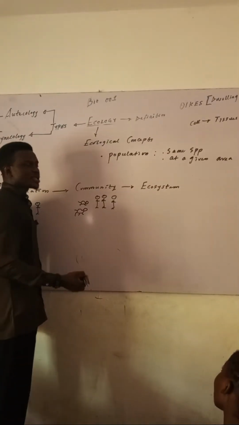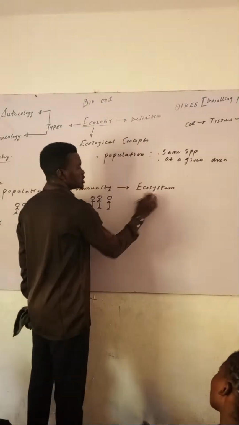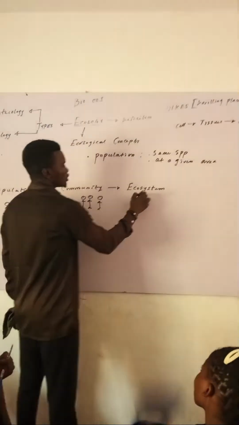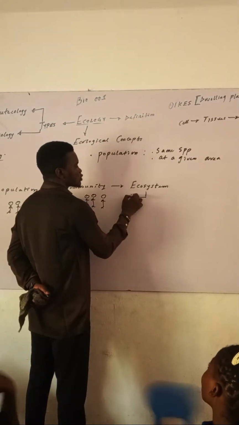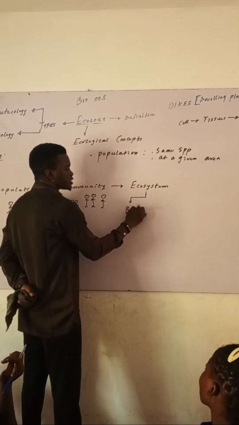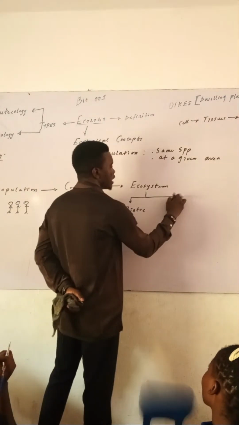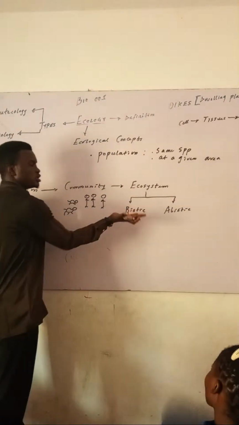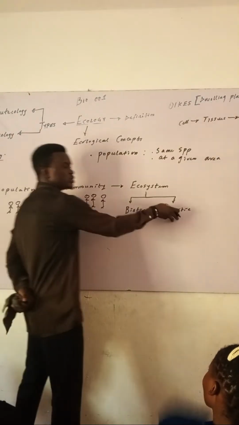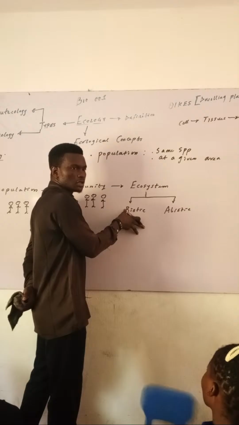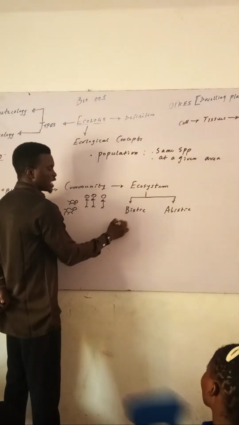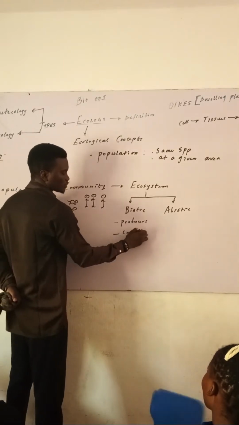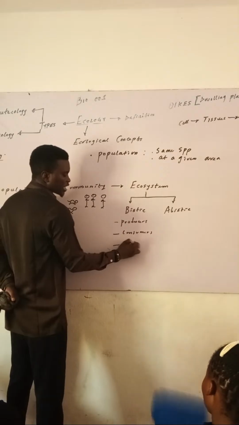So in an ecosystem, I'm going to say some things about the ecological factors. In an ecosystem, we have two major parts. We have what we call the biotic community and the abiotic factors. That means ecosystem studies the organisms' community and the conditions that they survive on. So what are the organisms' community? Something like producers, the consumers, the decomposers.